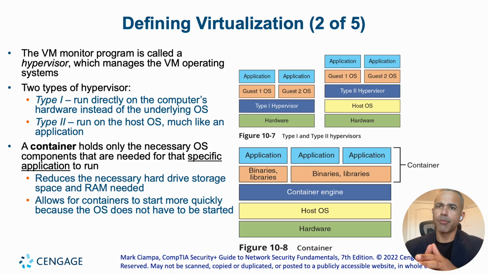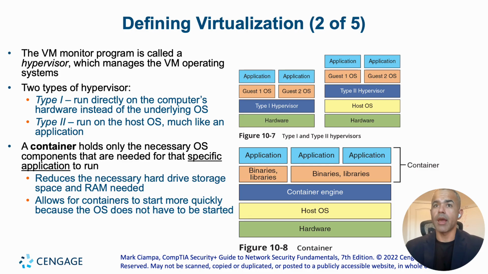You typically see Type 1 hypervisors when you have a server blade. Okay, so if you buy a VMware or a Cisco server blade, they will have their own hypervisor sitting on top of it. Okay, a Type 1 hypervisor, which is like the proprietary ones, and it's sitting right on it. There's no operating system running on top of it. It's just that hypervisor, and its sole purpose for that blade is to create another virtual machine.